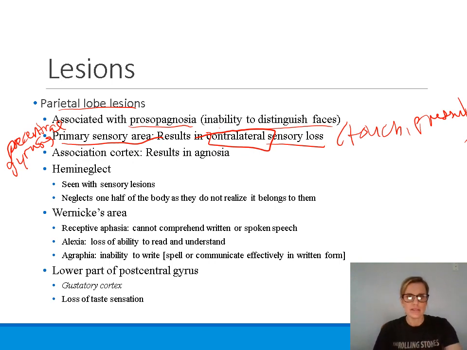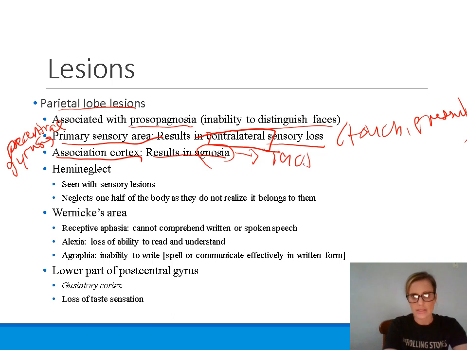If the lesion is in the sensory association cortex, this results in agnosia. There are all different types of agnosia, right? Up here we talked about prosopagnosia. There's tactile agnosia, which is what we're talking about here. Agnosia is just the inability to process sensory information. So you still have the awareness of the sensation.